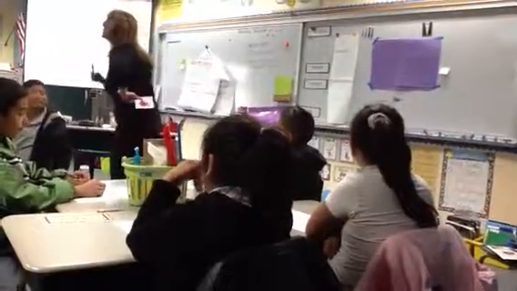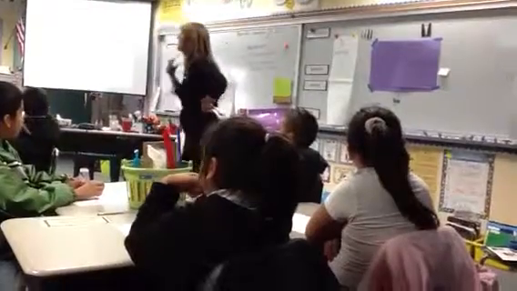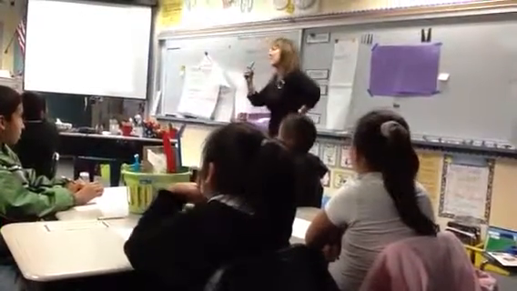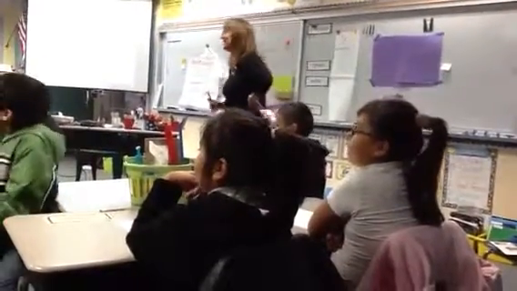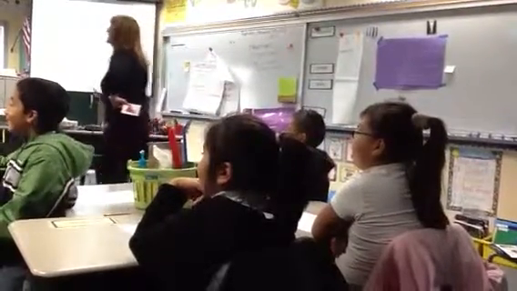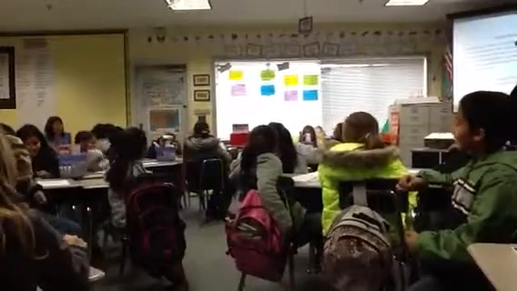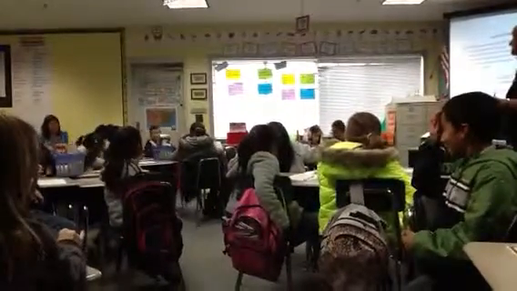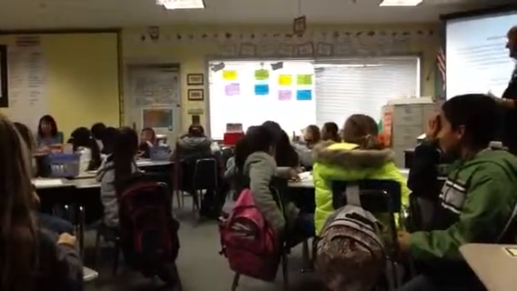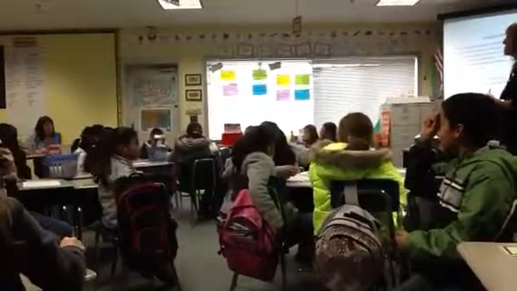Let's see. If I was pulling out my sticks, I would call on Table 5. Got your sentence? Go ahead and say it for your group. Martine. Go. What did you guys come up with?